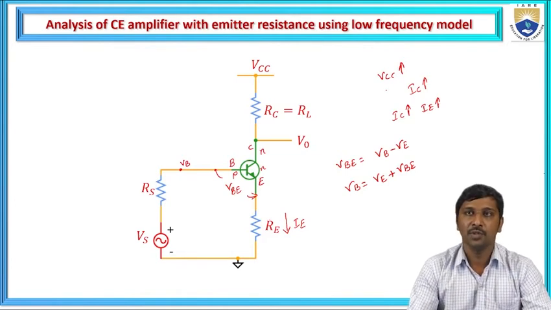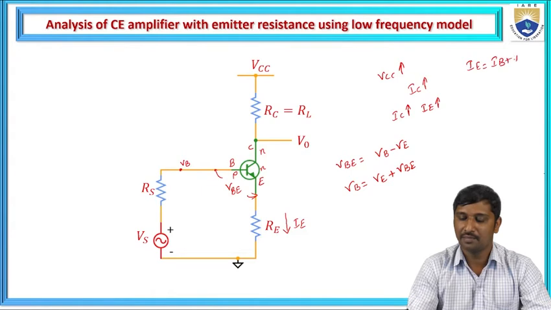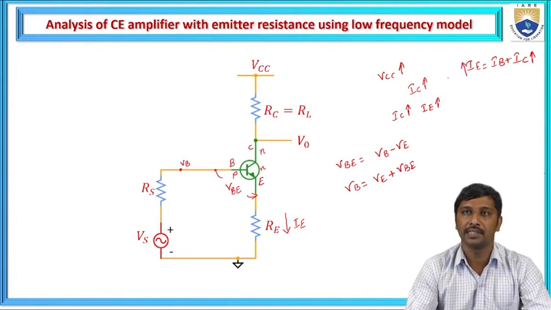So when the biasing voltage increases, when the VCC increases, it increases the collector current, hence the voltage drop across this collector resistance also increases. Due to increase of collector current, it increases the emitter current. Why? Because we know that IE is represented as IB plus IC. So from this relation, if the collector current increases, hence the emitter current also increases.